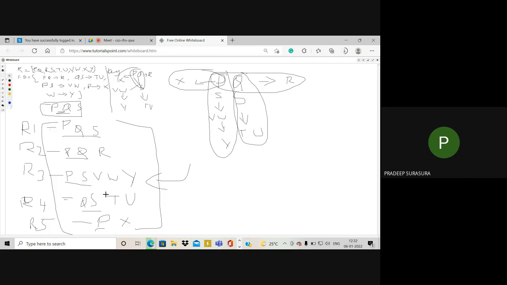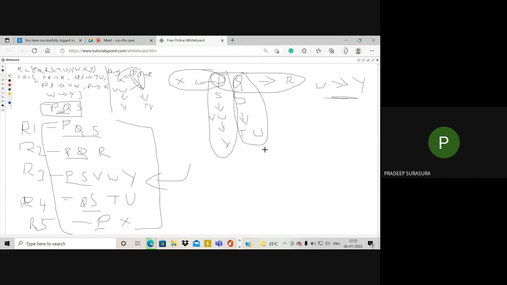After writing the third normal form definition, according to the definition, see that PS determines VW, and here I can see that there is a transitive dependency for W determines Y. Since W and Y both are non-prime attributes, the FD W determines Y will violate third normal form.